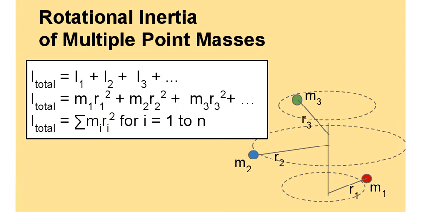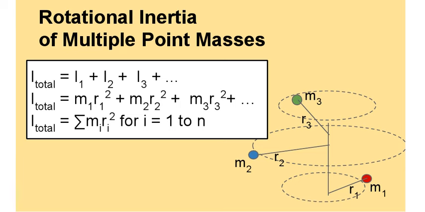Then the next time, i would bump up to 2, so we'd have m2 r2 squared, and we'd add that to what we already had, and then i would go to 3, so this would be m3 r3 squared. Add that to what you already had, and that way you'd get the total moment of inertia of these objects. Just adding all the individual pieces, we would get the total. So nothing too bad there.